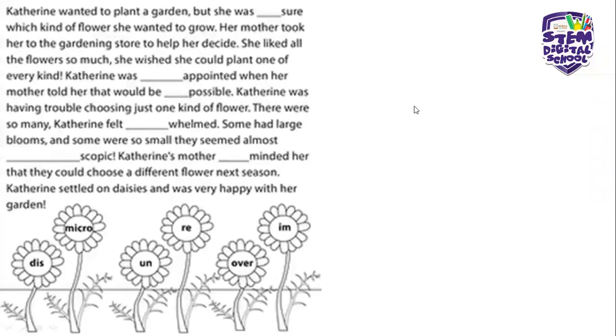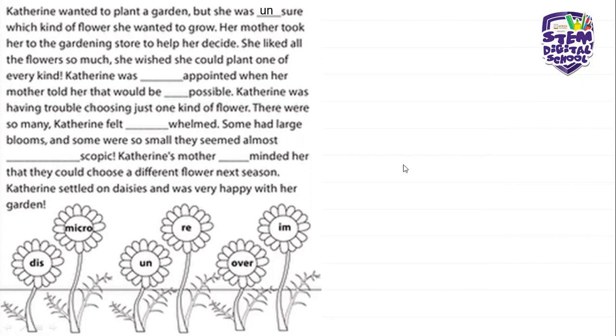Now the next one looks a little bit differently. We are going to use the prefix in the flowers story, putting it before the word you see on that line. So Catherine wanted to plant a garden, but she was unsure. Yes, which kind of flowers she wanted to grow.